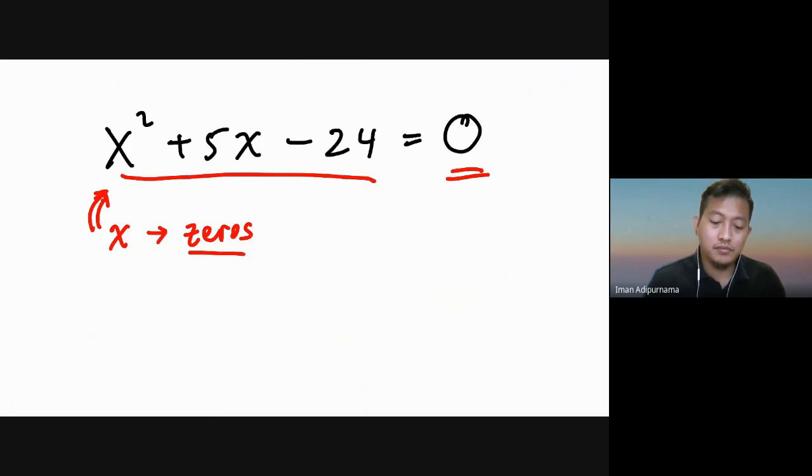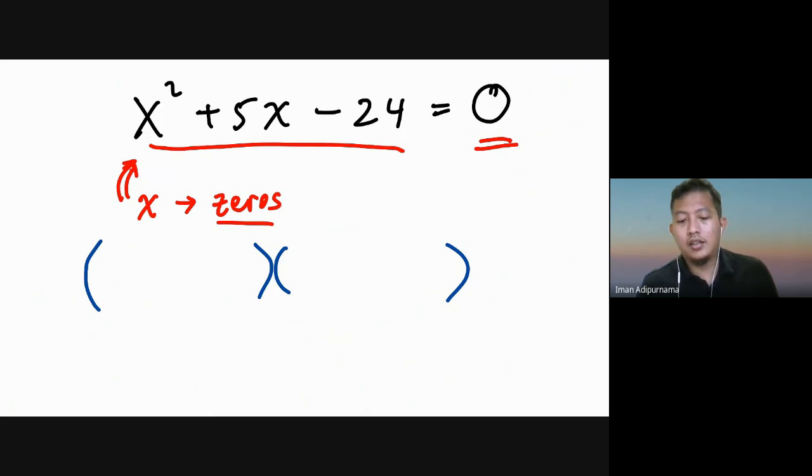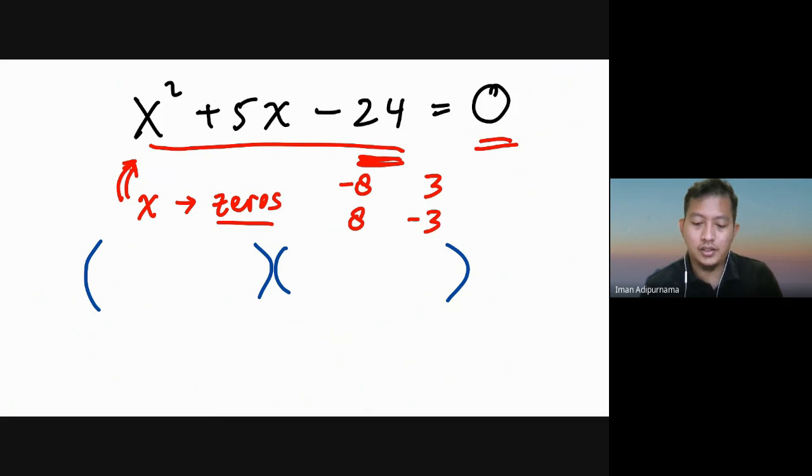Now, because this is just a simple quadratic function, you can try some trials. So how to make 24? You can have 8 and 3, either way, right? But you need to add to make +5, so probably this is the better way.